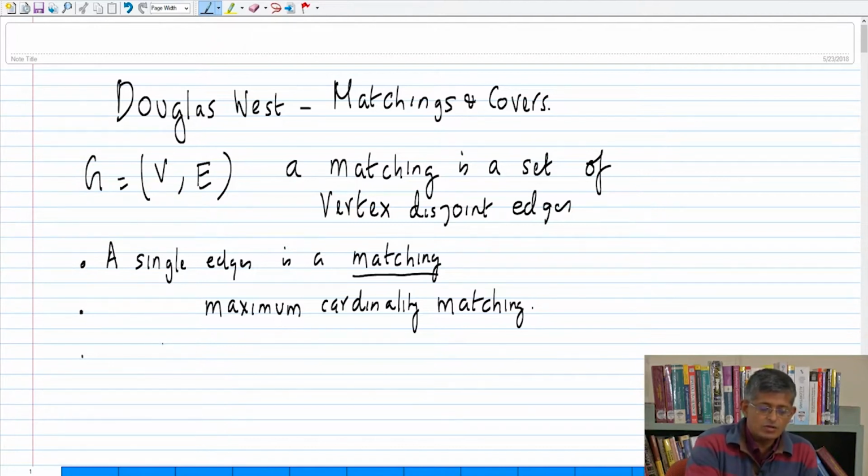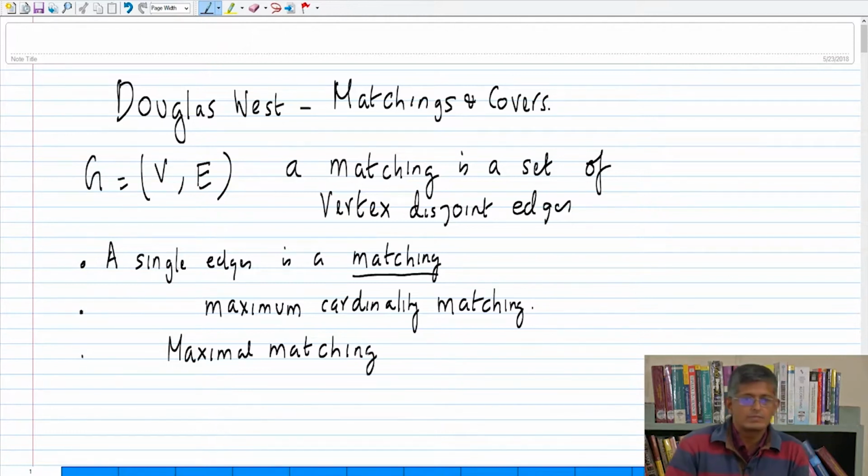Every maximum matching is actually a special kind of matching called a maximal matching. By maximal we mean inclusion maximal, and by maximum we mean cardinality maximal.